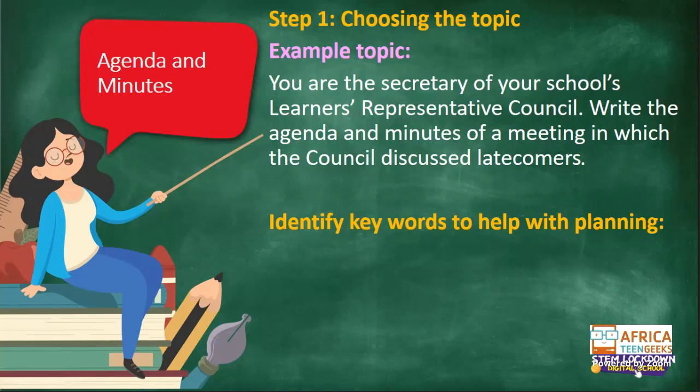Now your task for step one is to identify keywords that help with planning. Let's quickly look at that example topic. Who can give me the keywords in that topic that can help you with planning? Give me any keywords from the topic. Latecomers, that's correct.